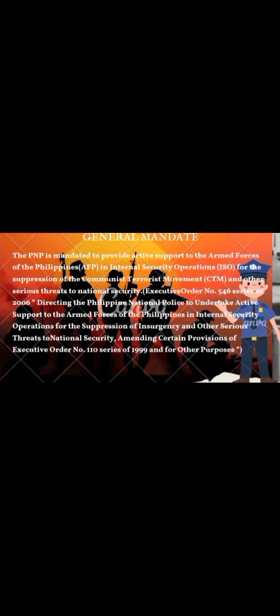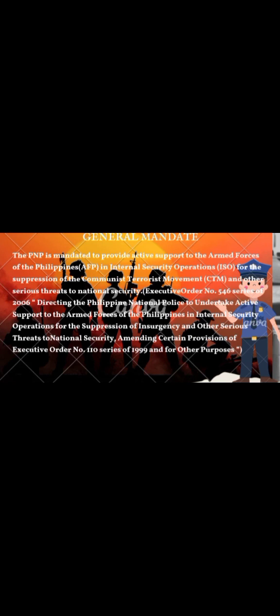Okay, let's proceed to the last rule that I will present, which is the internal security operations, Rule number 12. General mandate: the PNP is mandated to provide active support to the Armed Forces of the Philippines in internal security operations for the suppression of the Communist Terrorist Movement, the CTM, and other serious threats to the nation's security.